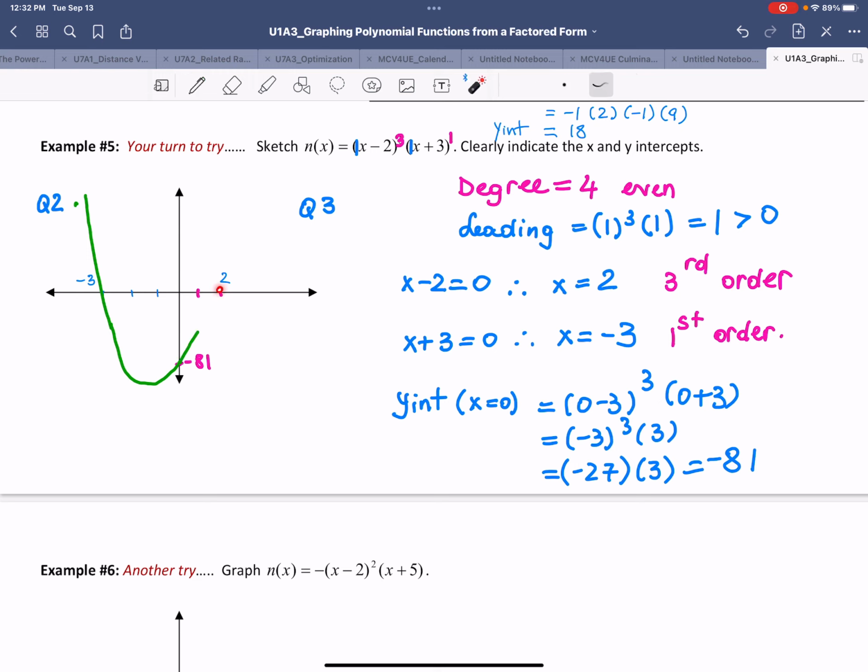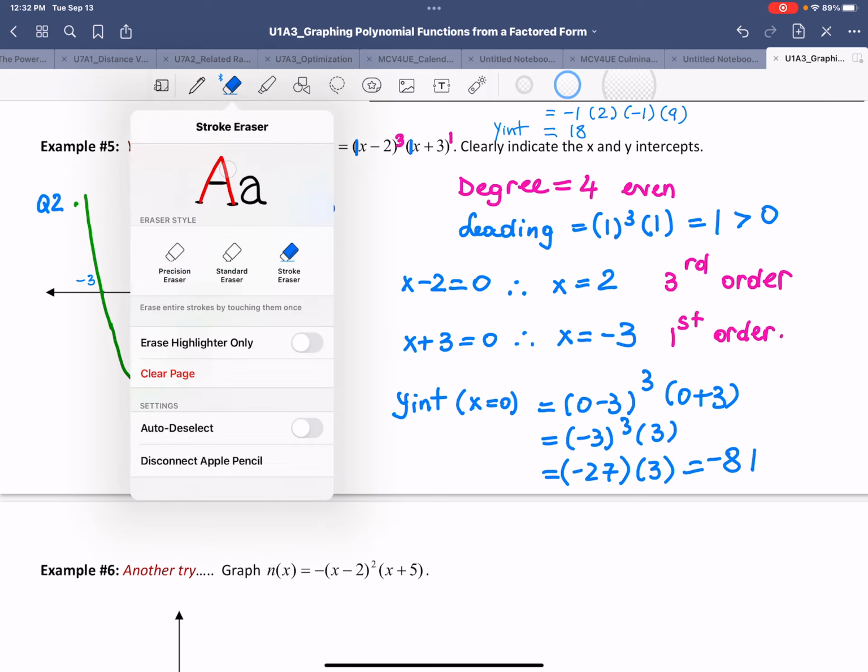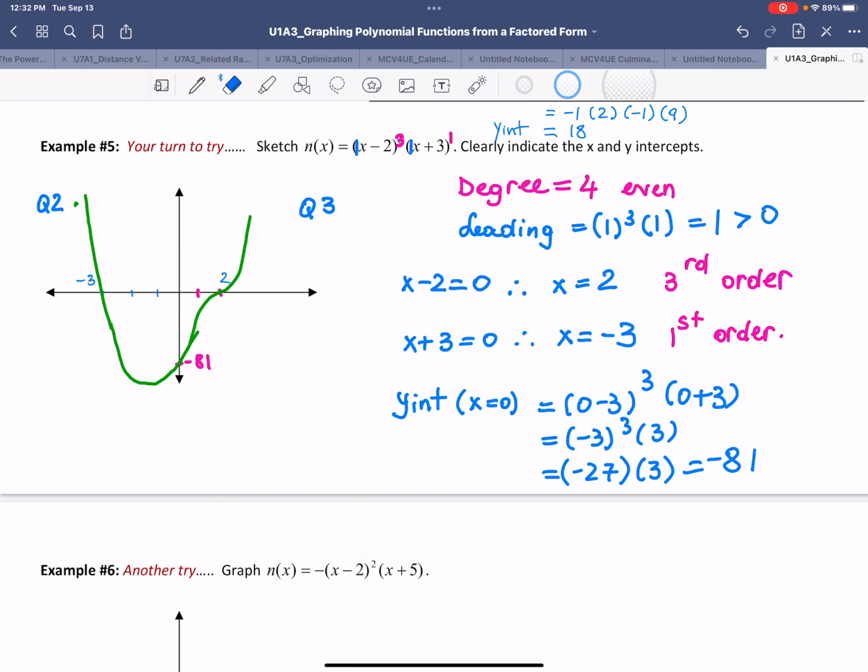Before I get there, I need to check the order. That's a third order root, which means that at x = 2, the shape of the graph will be an S shape, or an inflection point. So the graph of this function is going to look something like this at this point, and that's how I shape the graph of this function.